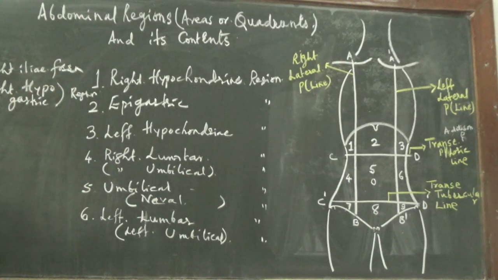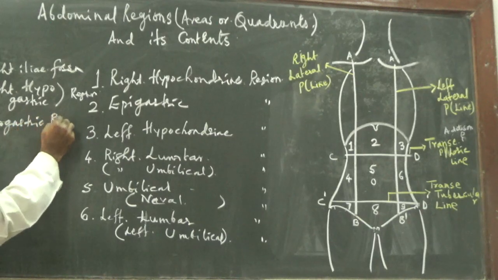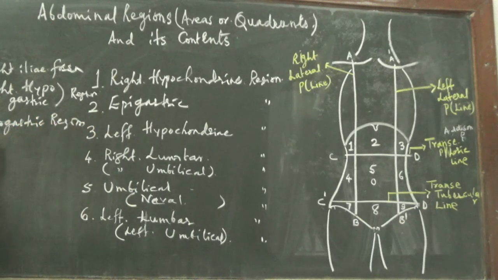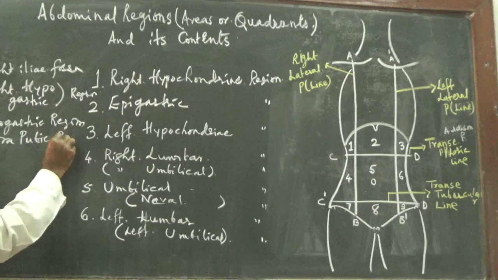Eighth is called the hypogastric region, also called the suprapubic region.